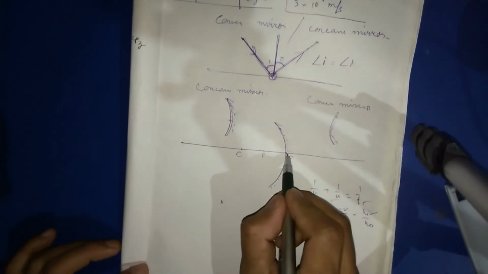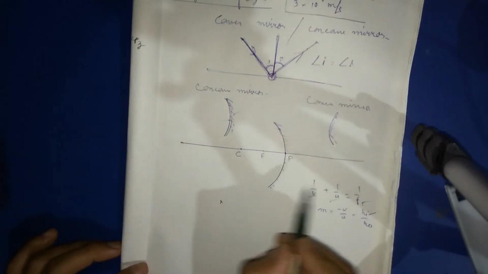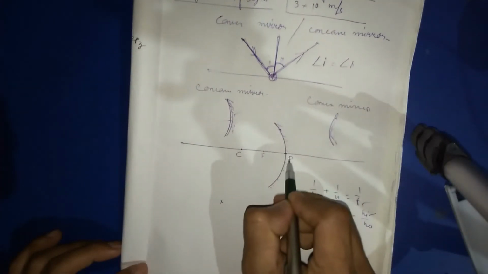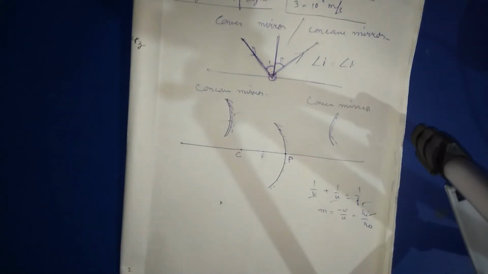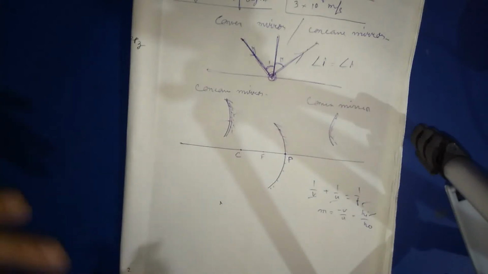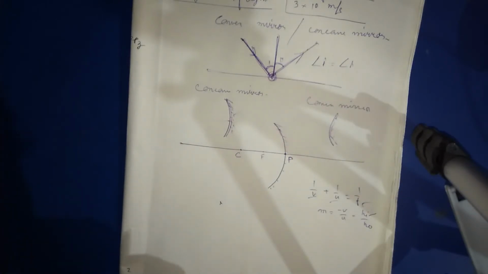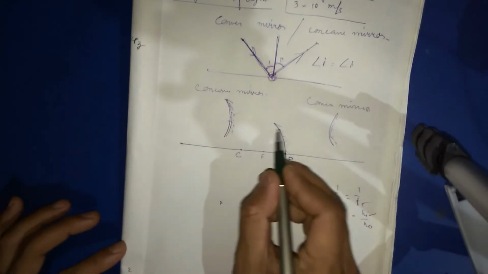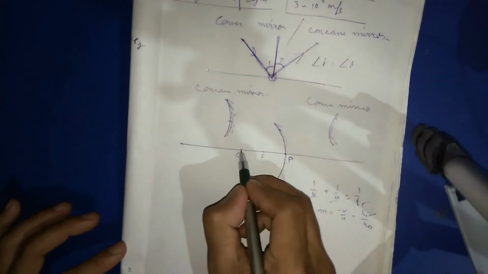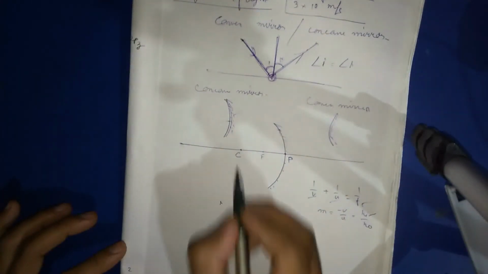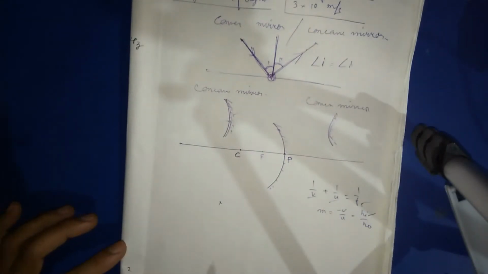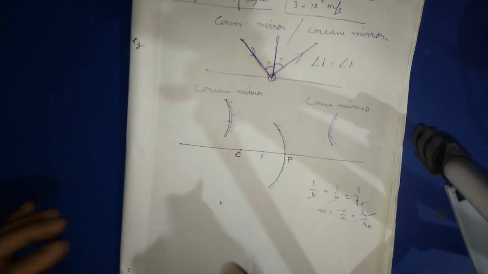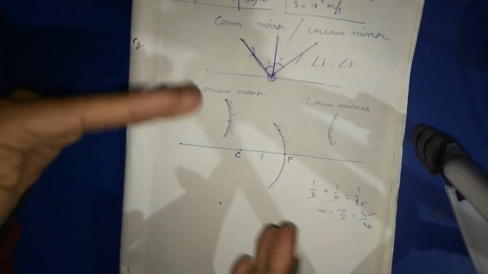The point where the principal axis meets the mirror is called the pole, and we denote it by P. Since this mirror is a curve, if we complete a circle there will be a center. We call it the center of curvature, and denote it by C.